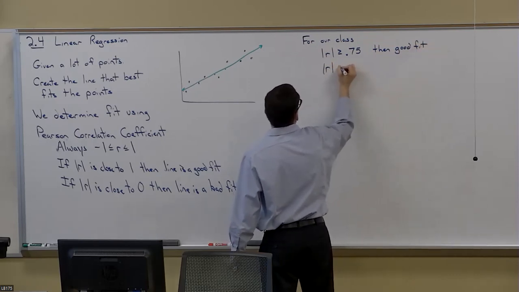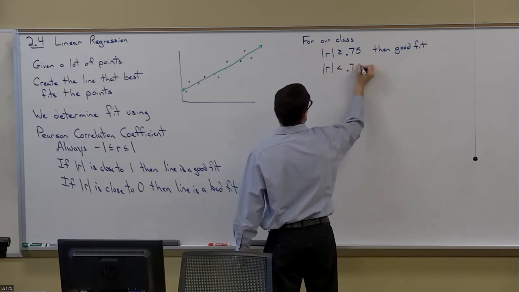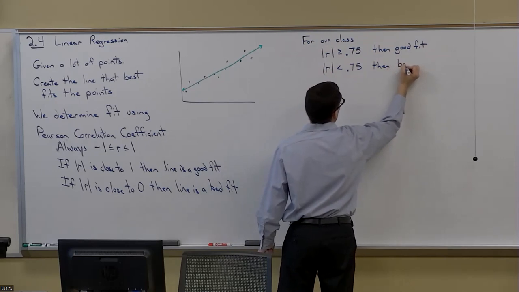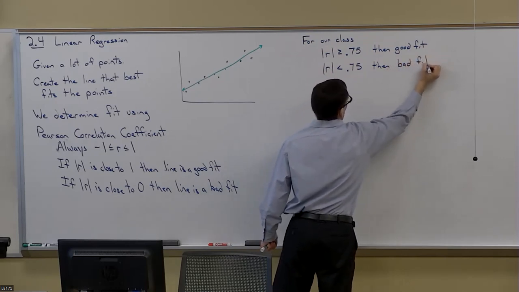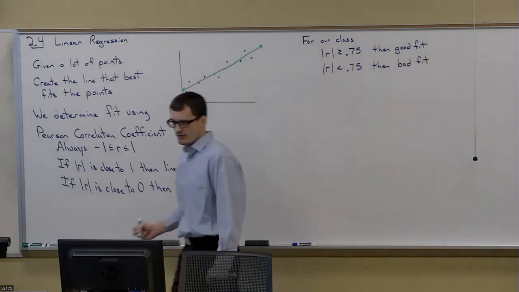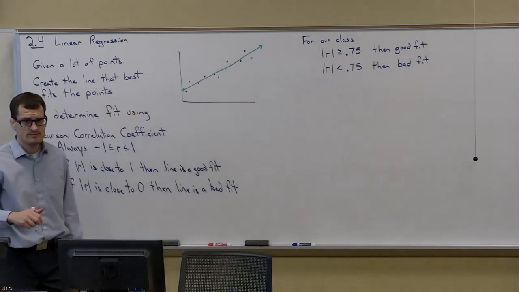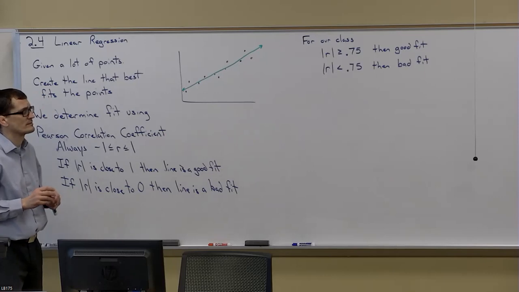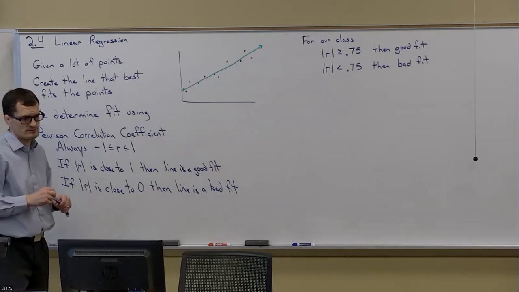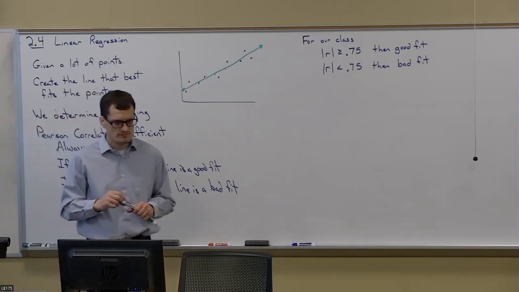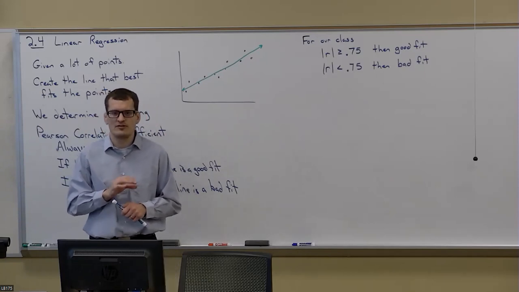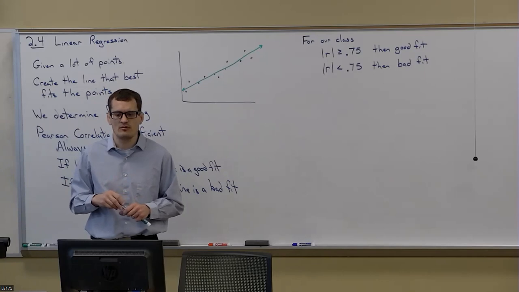If R is below 0.75, then we'll say it's a bad fit. And by the way, when I say above or below, I mean in absolute value. So ignore the negative. For this class and this class alone, we use 0.75 as our cutoff.